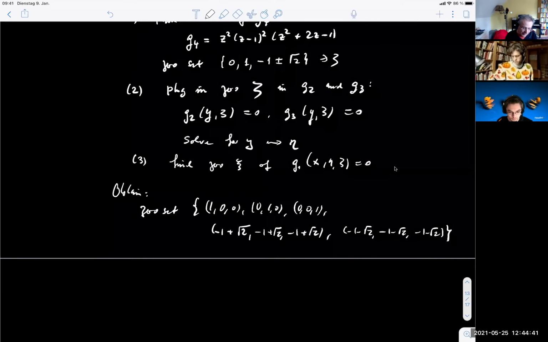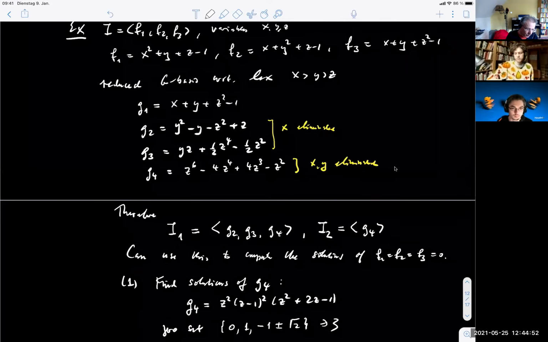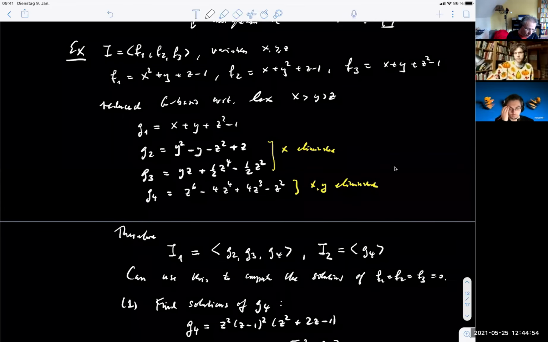So I have 5 solutions. Let's see. Interesting. Anybody of you has ever heard of Bézout's theorem? No. Oh, I haven't, but I have heard of the BKK theorem.